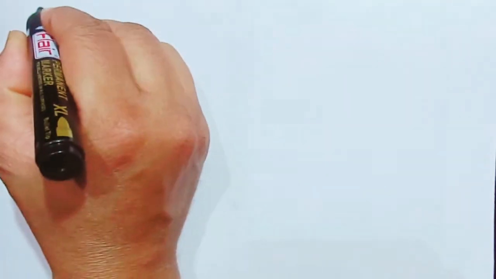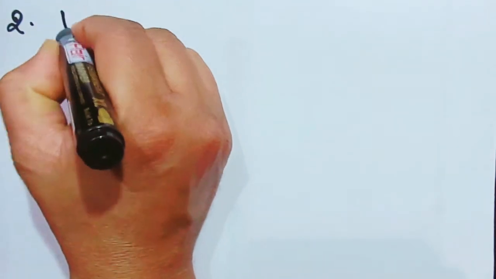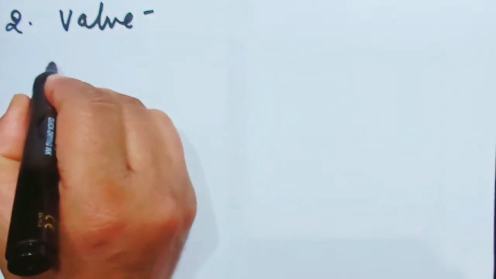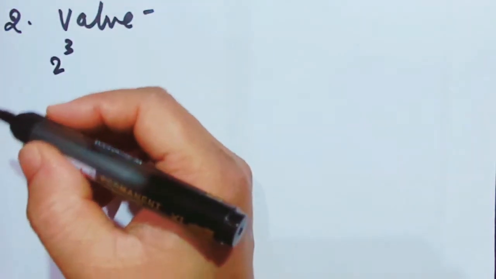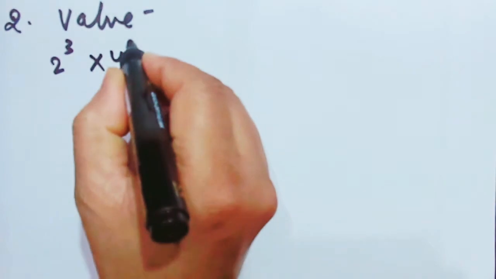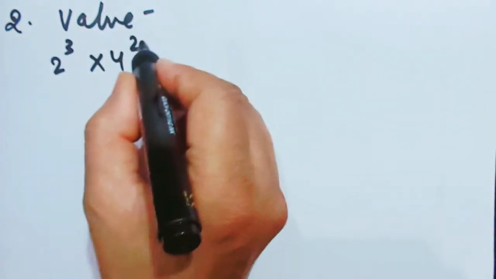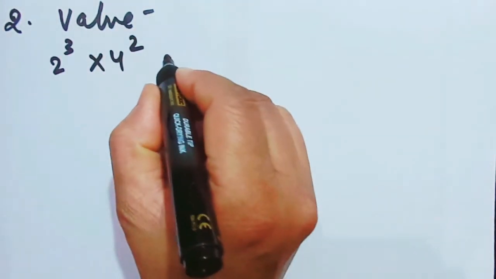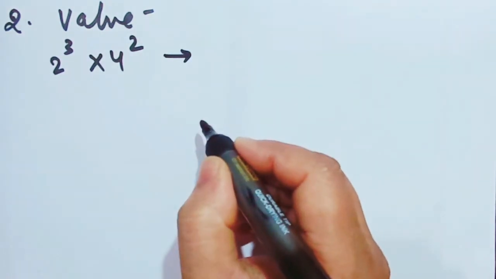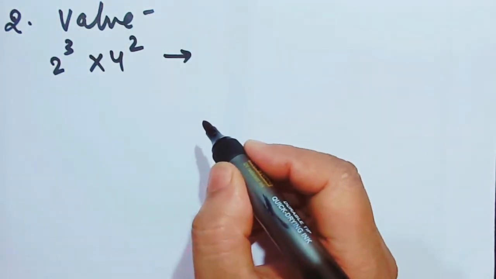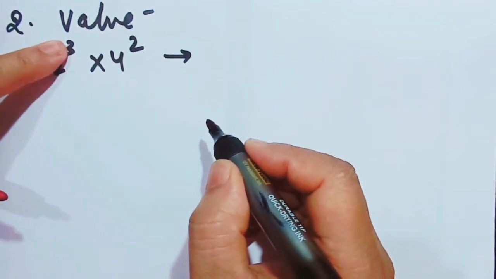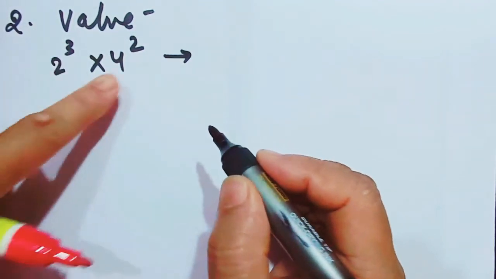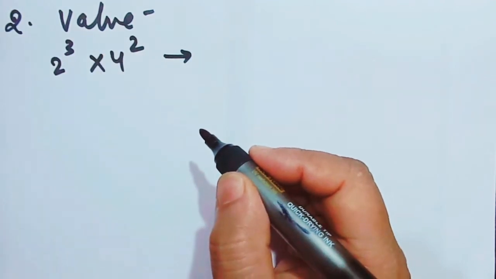Again in number 2 you have find the value of 2 to the power 3 into 4 square, 4 to the power 2. So therefore you people are going to find the value of this particular number and this particular number separately and then multiply them.